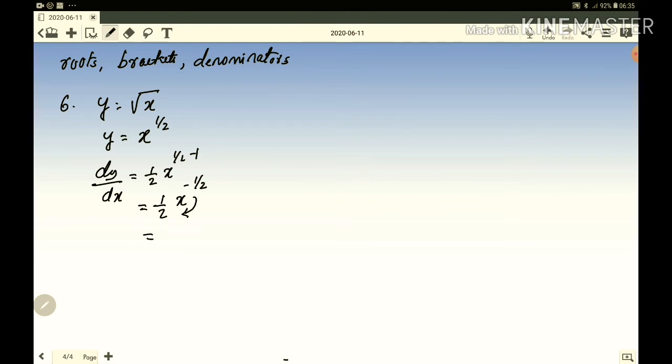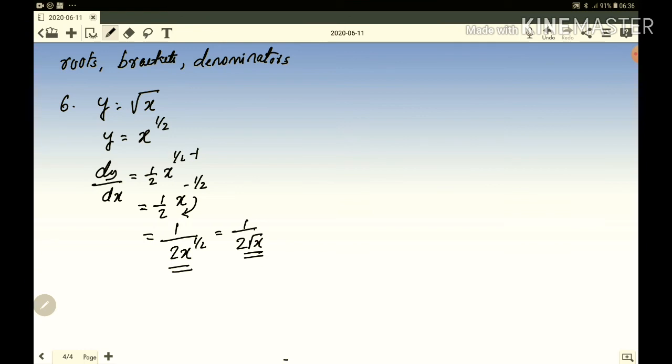Good. Send it to the denominator. That is, 1 will be there in the numerator, then 2 times x to the power half. We can leave it like this, or we can write it, which is same as 1 over 2 square root of x. Both are correct. So please practice like this. The answer must have a positive power. Clear? So here, if a root is there, this is how you have to differentiate.